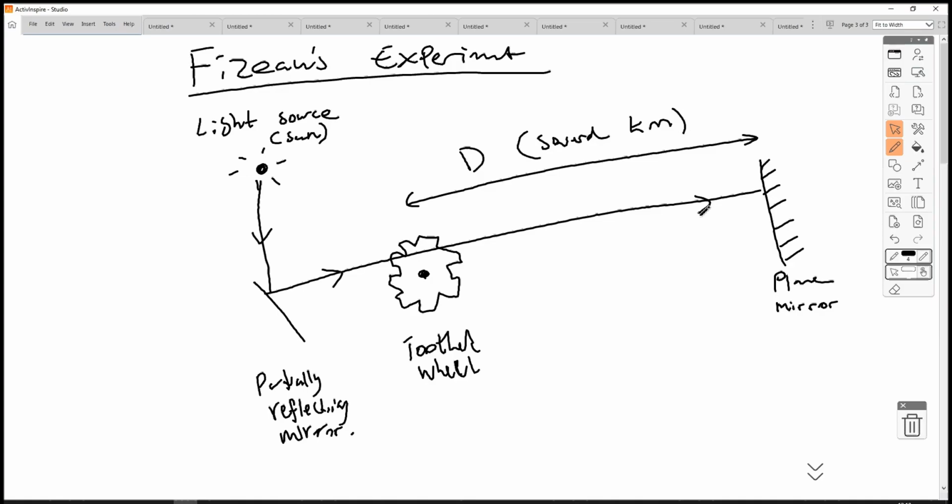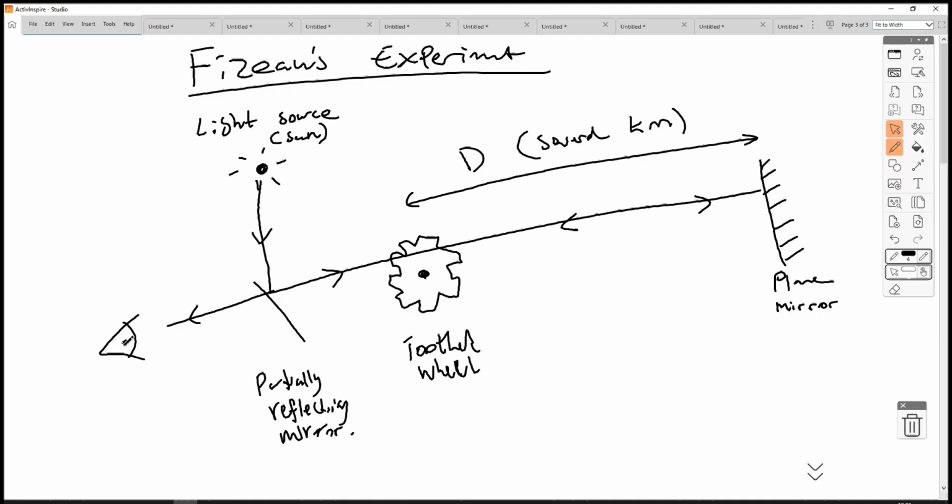Once that ray of light struck that mirror, it would reflect. It would come past the toothed wheel again, go through the partially reflecting mirror, where it would then be detected by an observer.